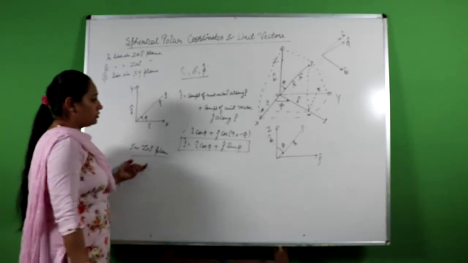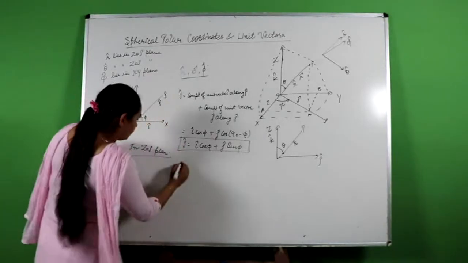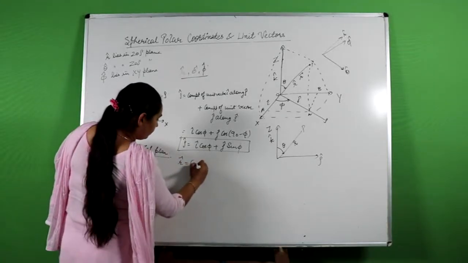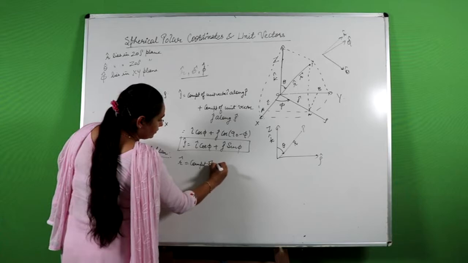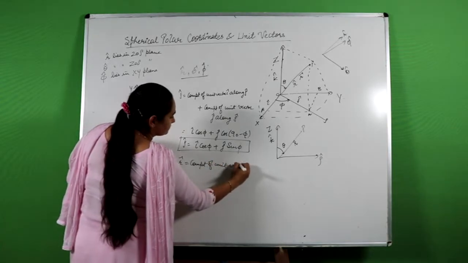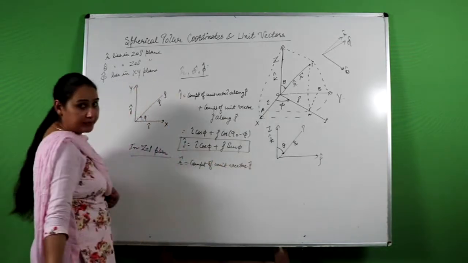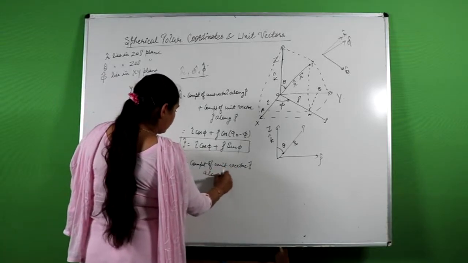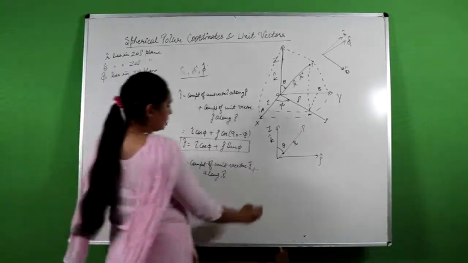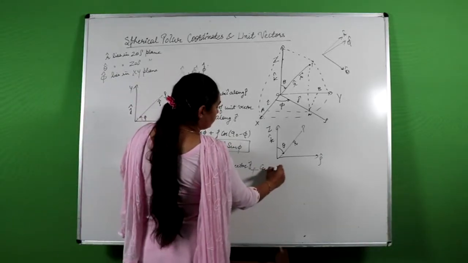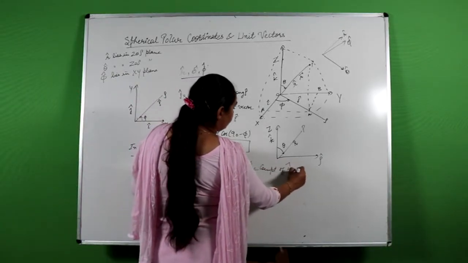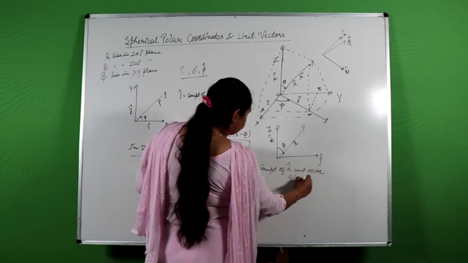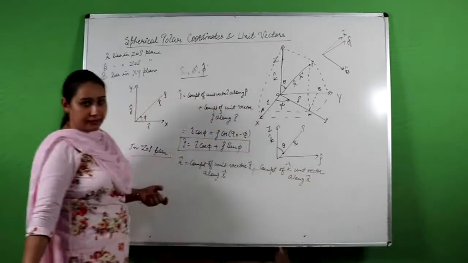So in the z-rho plane we can see what r cap is. r cap is the component of unit vector rho cap along r cap plus the component of unit vector k cap along r cap.